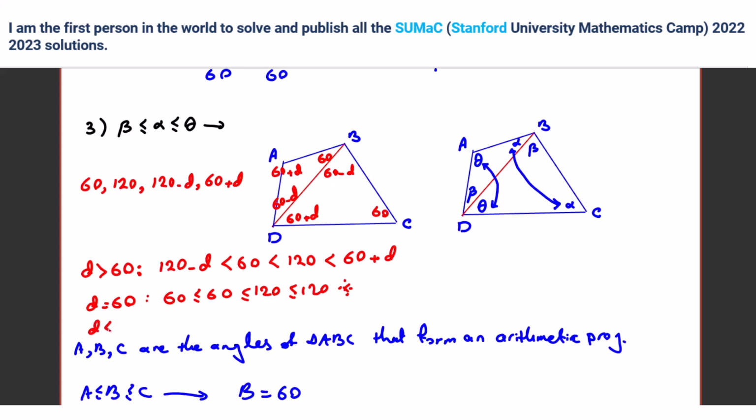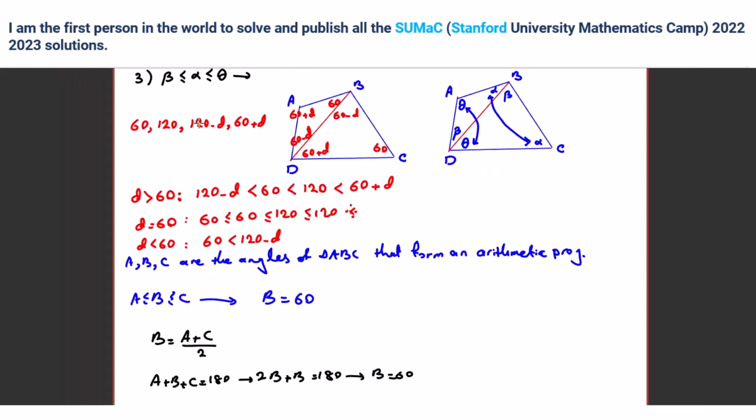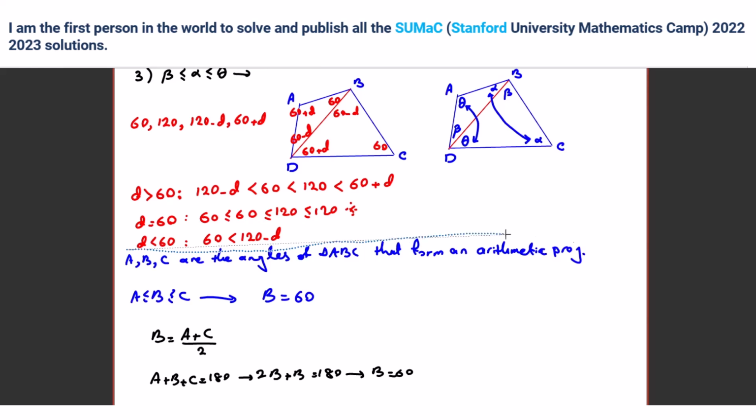If d is less than 60, then what's the order? Then that'll be 60, 120 minus d. Wait, actually, we don't know which of them is greater, 120 minus d or 60 plus d, right?